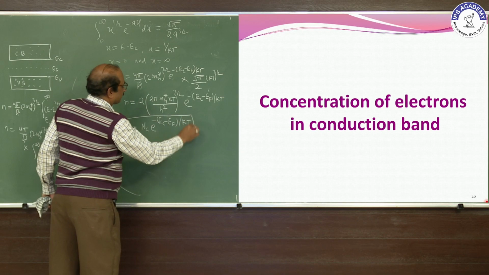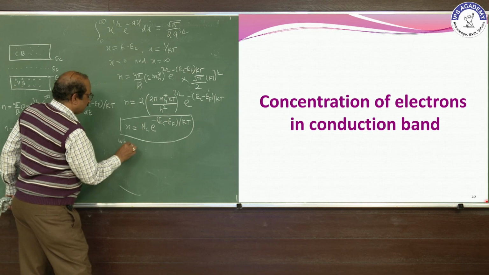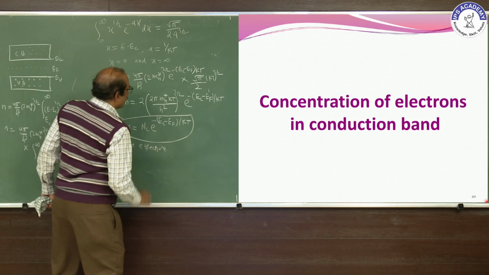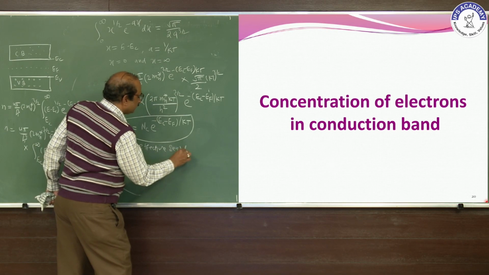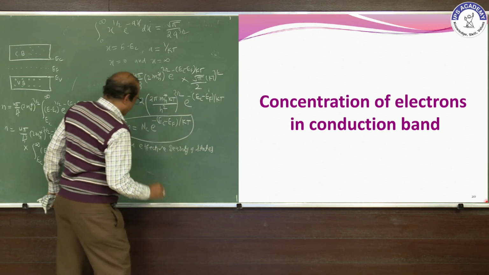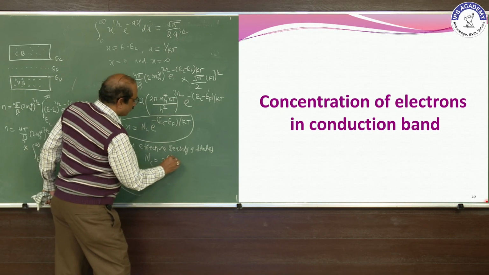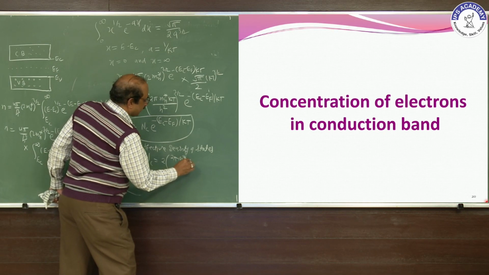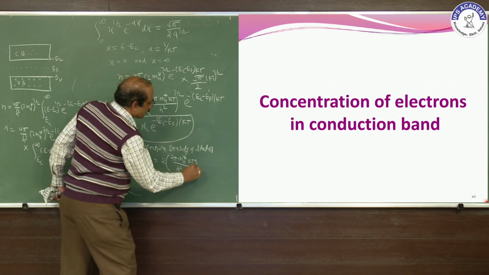So this is our final expression, where Nc is the effective density of states in the conduction band. Effective density of states in the conduction band, that is Nc equal to 2 times (2 pi mn star kT upon h square) to the power 3 by 2.